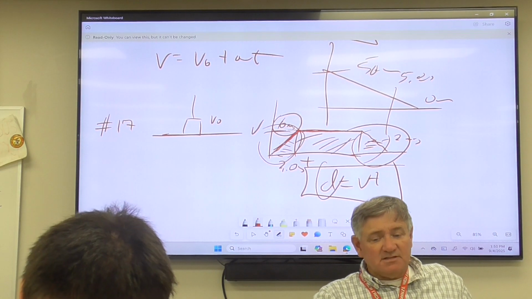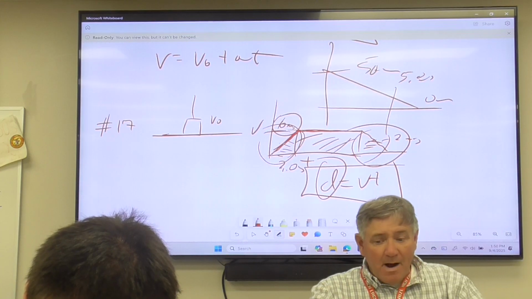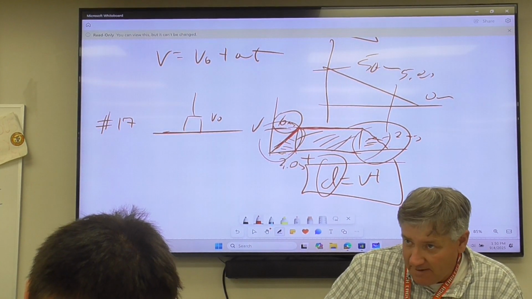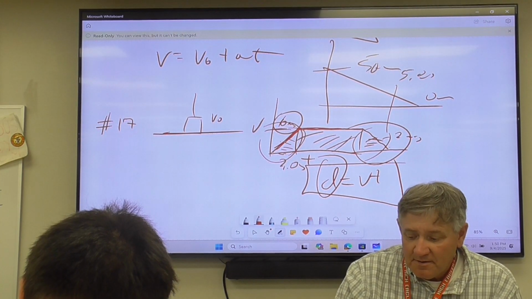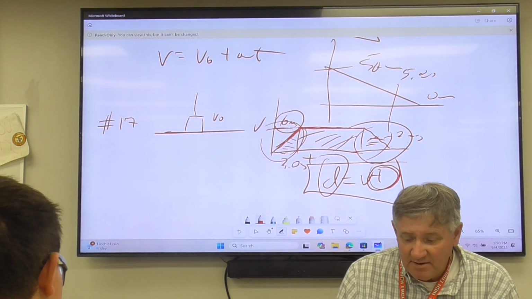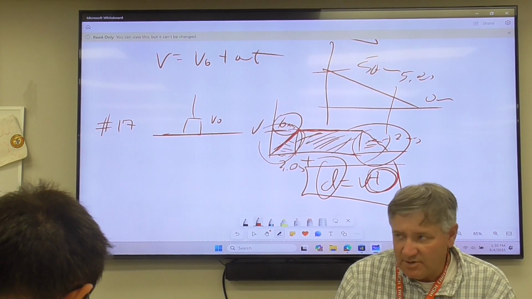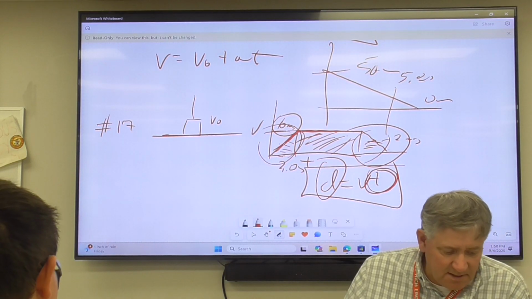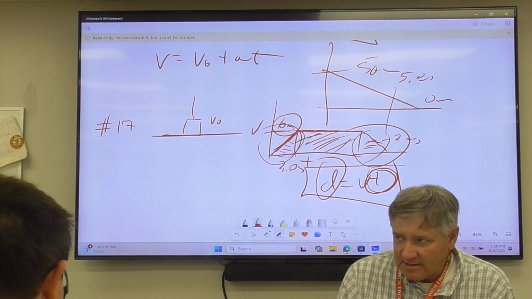So this distance is going to be the 200 meters minus the accelerated distances. You know the velocity is 6 meters per second. You can figure out how long it takes to travel that. Add the two times together. Your answer to 17D should be in the mid 30 seconds.